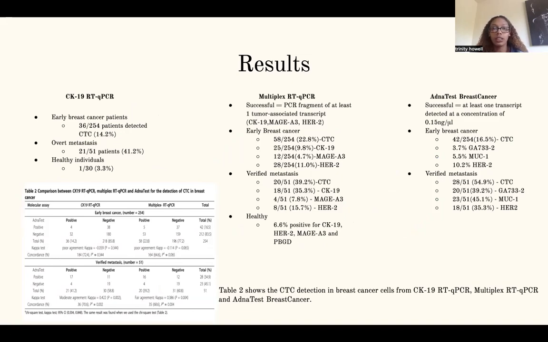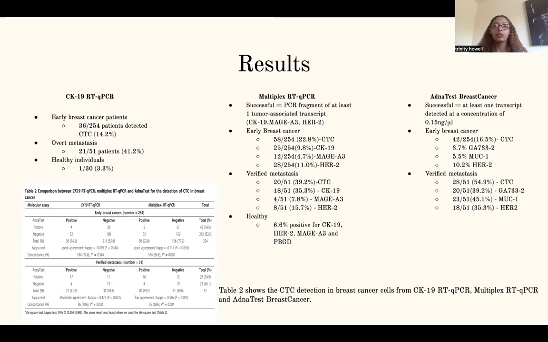For the multiplex RT-qPCR, it was considered successful if at least one tumor-associated transcript was shown in the PCR fragment, so CK19, MAGE-A3, or HER2. So for the early breast cancer patients, 22.8% showed expression levels of circulating tumor cells, 9.8% showed expression levels of CK19, 4.7% showed expression levels of MAGE-A3, and 11% showed expression levels of HER2.